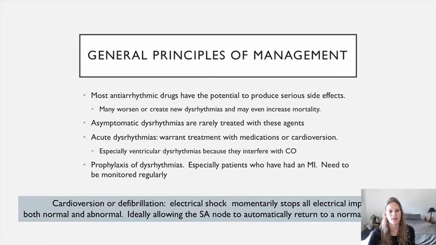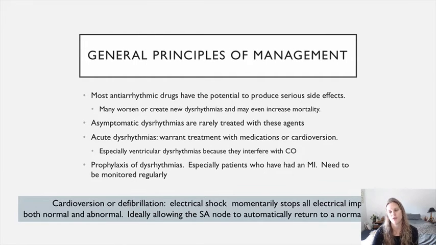Sometimes they do use anti-dysrhythmic agents as a prophylactic measure, meaning to try to stave off serious dysrhythmias, and probably the most common patient population that's going to be approached this way are patients that have had a heart attack or a myocardial infarction. Because of the ischemic damage to the heart, they're at a much higher risk for dysrhythmias.